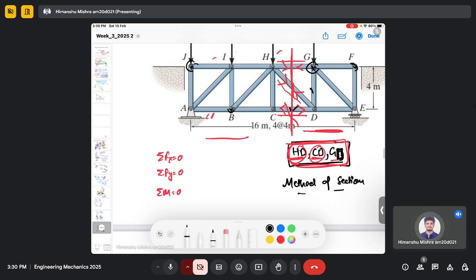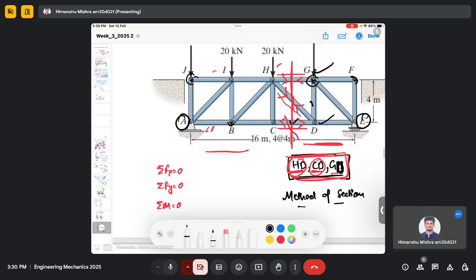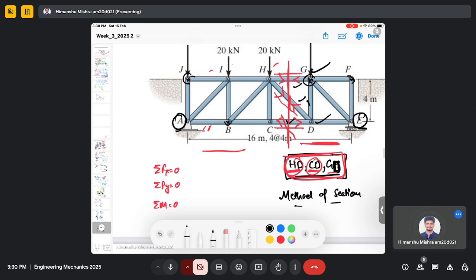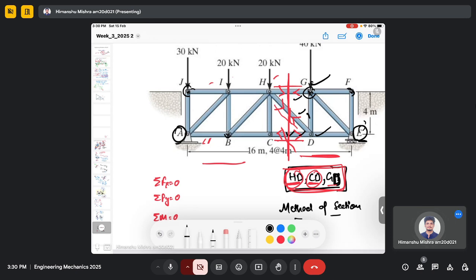Now, since you have cut the truss into two sections, you can actually calculate the reactions at E and A. Because when you consider the moment about any point, let's say G or D, the reaction force at E or A will also create a moment about it, and it will influence these forces also, because the moment equation you are using should contain the moment due to reaction forces as well as the known forces that you have in this truss.